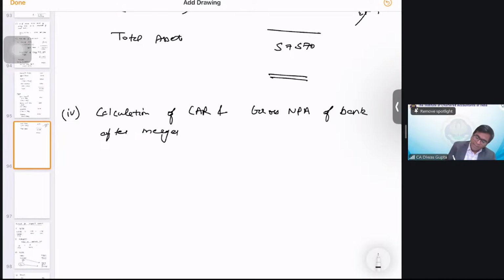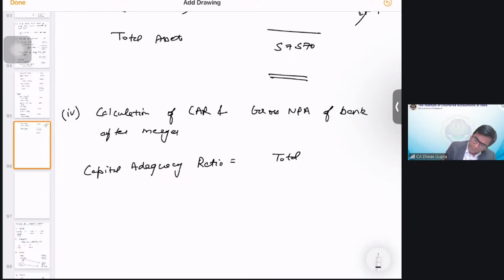And then capital adequacy ratio is equal to total capital divided by risk weighted assets.